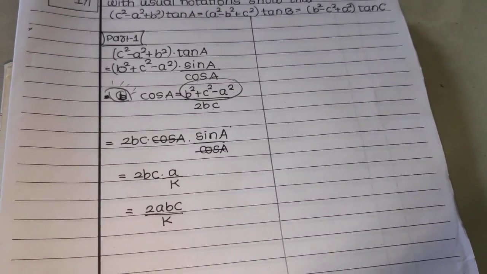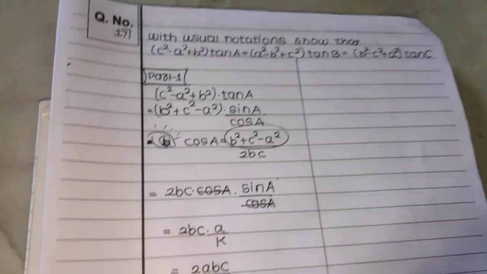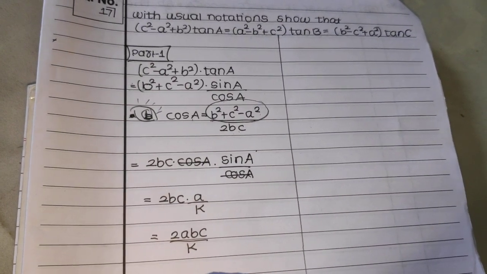So let's see how we can get this result 2ABC upon K. Next one, part 2.